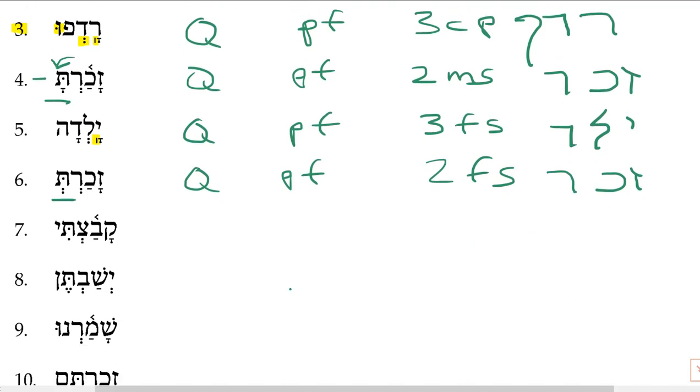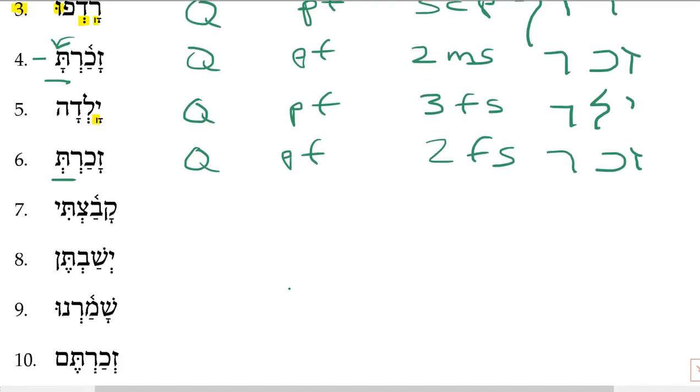Let's look at number 7. Do a couple more here. So we have kavatsti. Notice the accent is telling us that the second to last syllable is accented. So kavatsti. And this ti ending is very characteristic of a perfect first common singular.